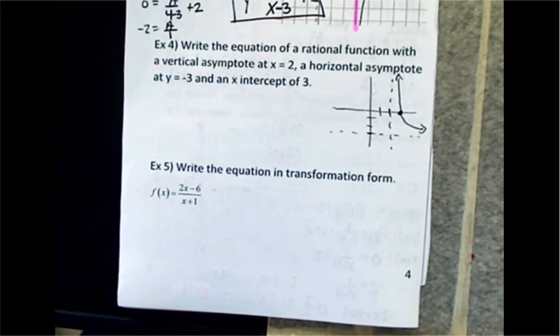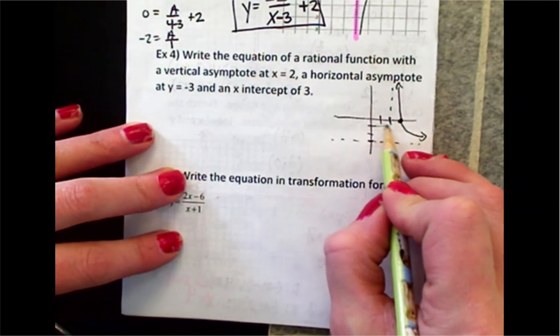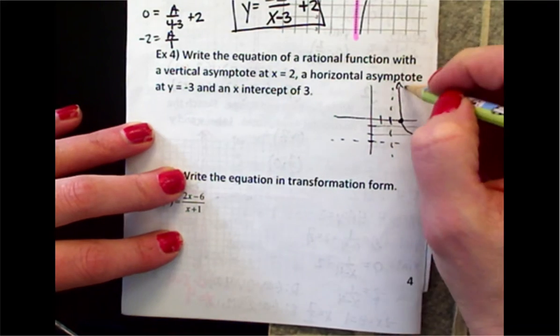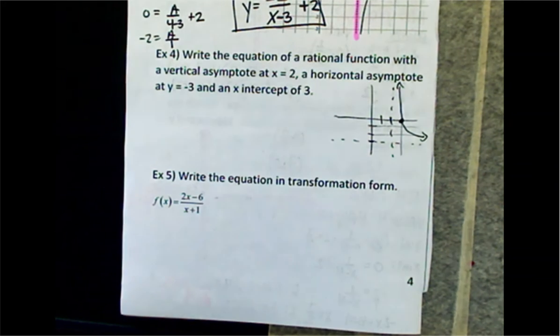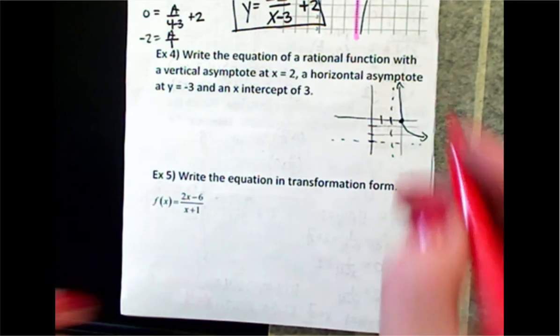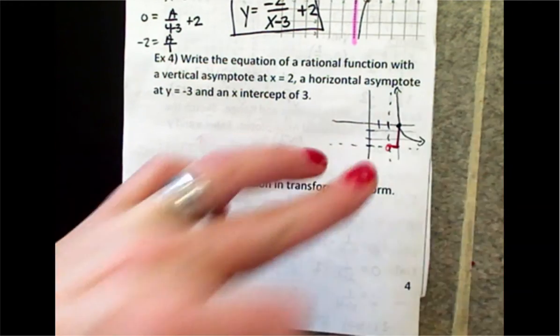Okay? Now, I'm going to add some grid lines here very lightly because the grid lines help me determine my count. My A value is positive 3. Here's my center. Over 1, up 3.